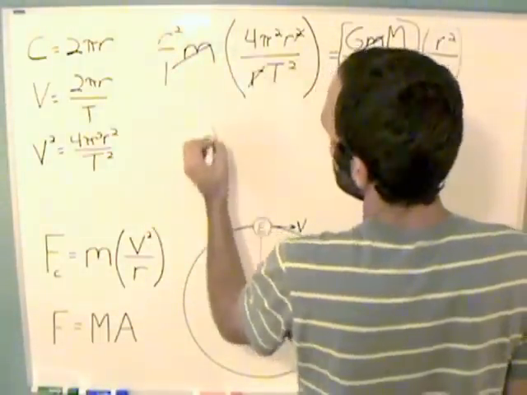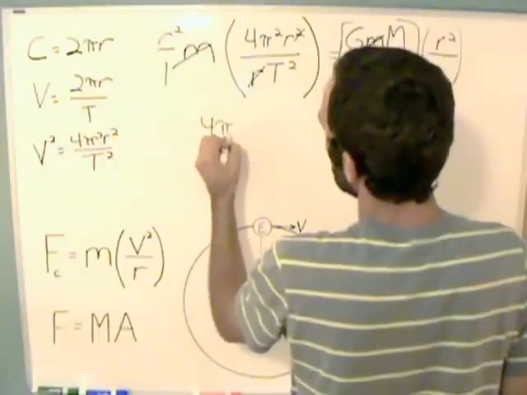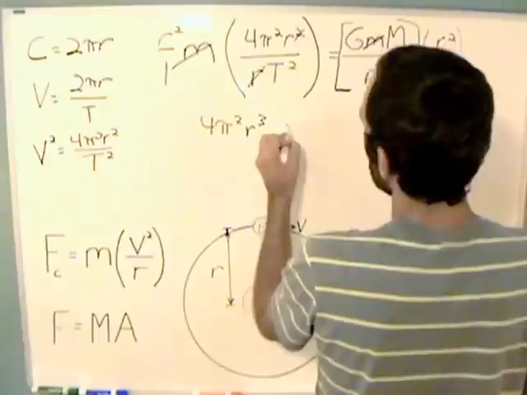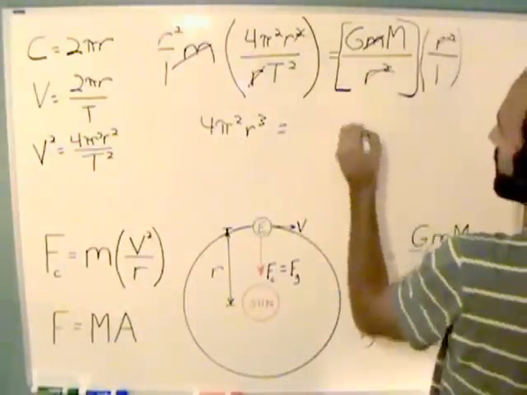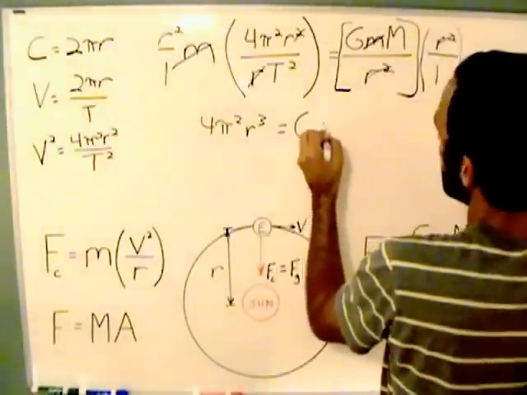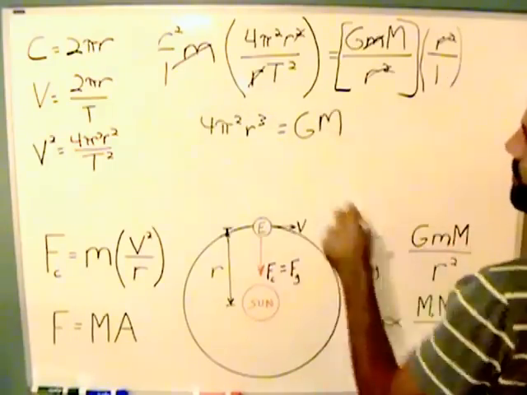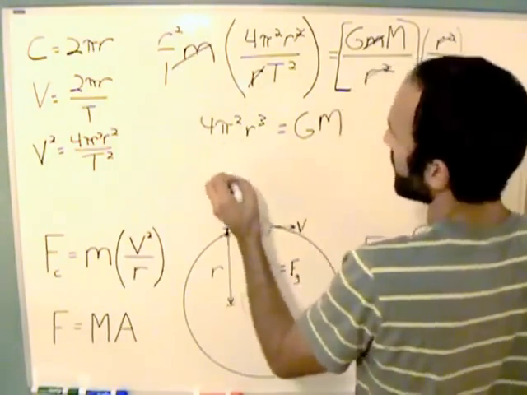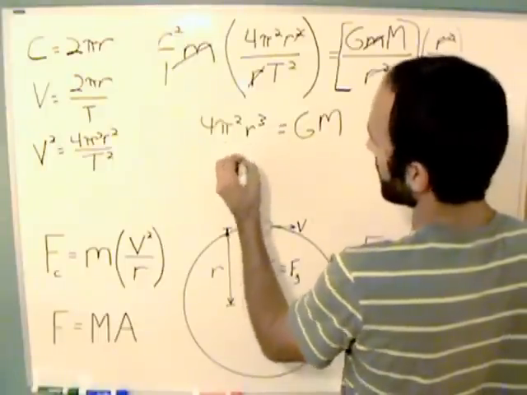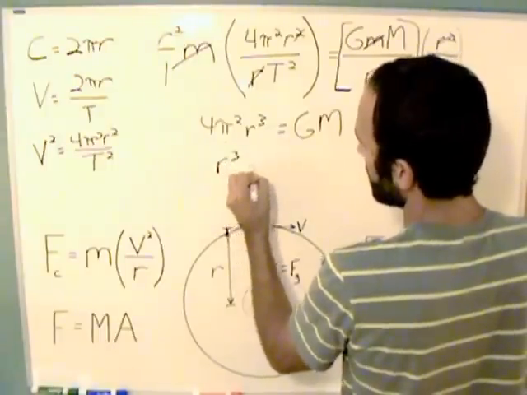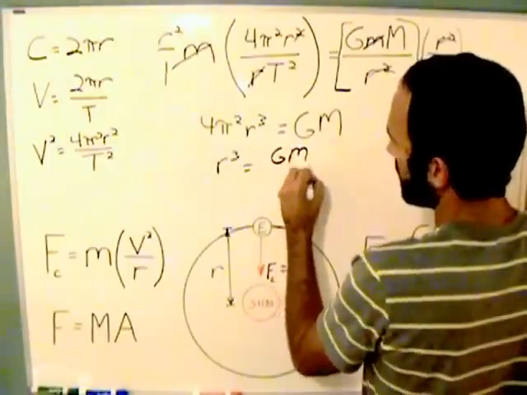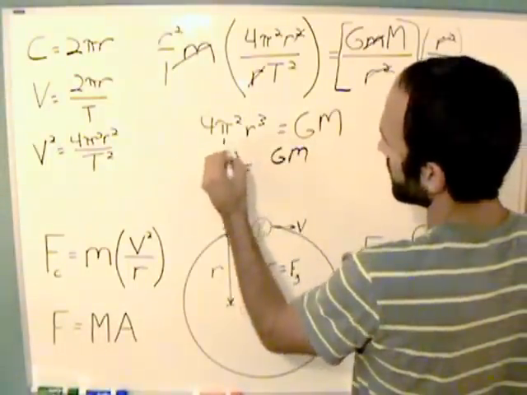That gives us 4 pi squared r cubed equals, cancels on this side, G times big M. Then we want to get r by itself over here, so we divide by 4 pi squared. I'm not going to show the steps, but we'll say r cubed equals GM, nope, I missed T cubed. Let me just write this out.